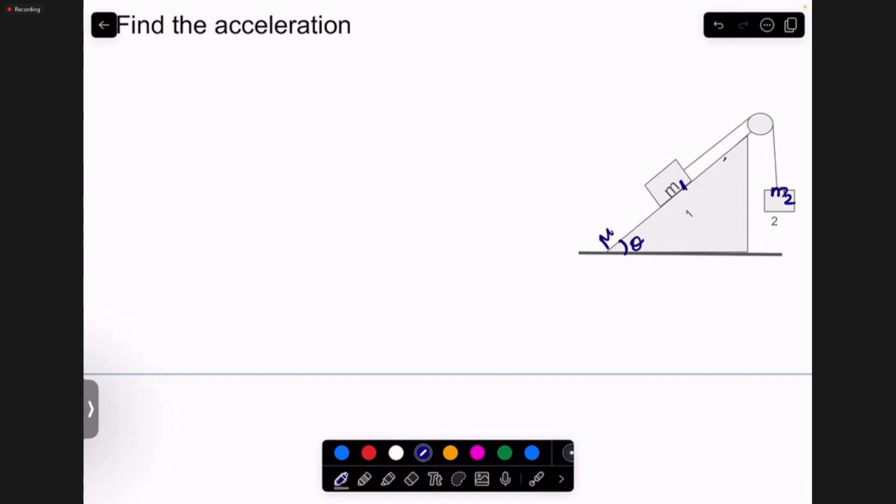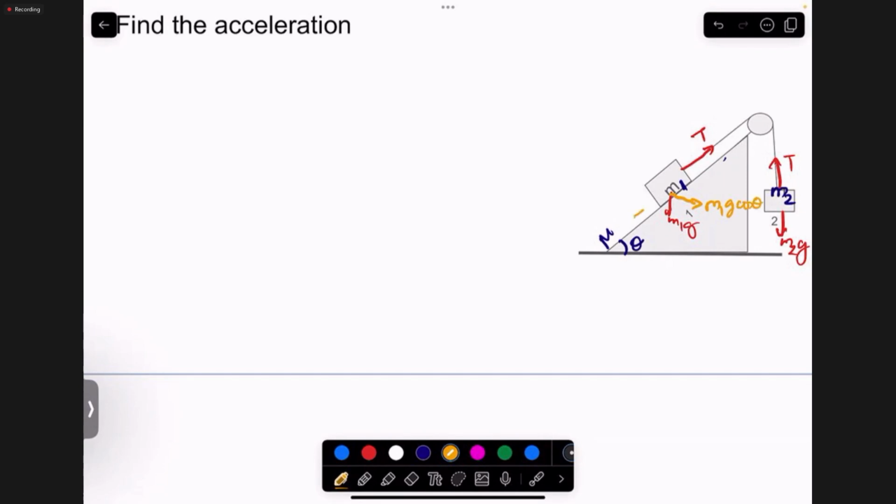So because of this M1, we'll have this weight is there. This is having M2G acting downwards, tension acting upwards, this tension pulling this block, and this will have a component M1G cos theta.